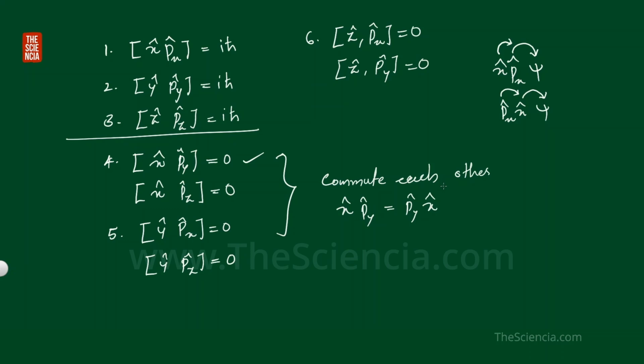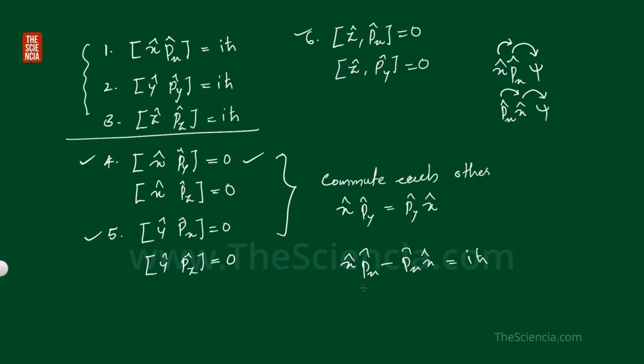So if they commute with each other, it means the order of operation is not important. Whatever the order, you will get the same answer. So for all these combinations, order does not matter. But for this combination, the order is very important. That is, x cap, p x cap minus p x cap x cap is i h cross.